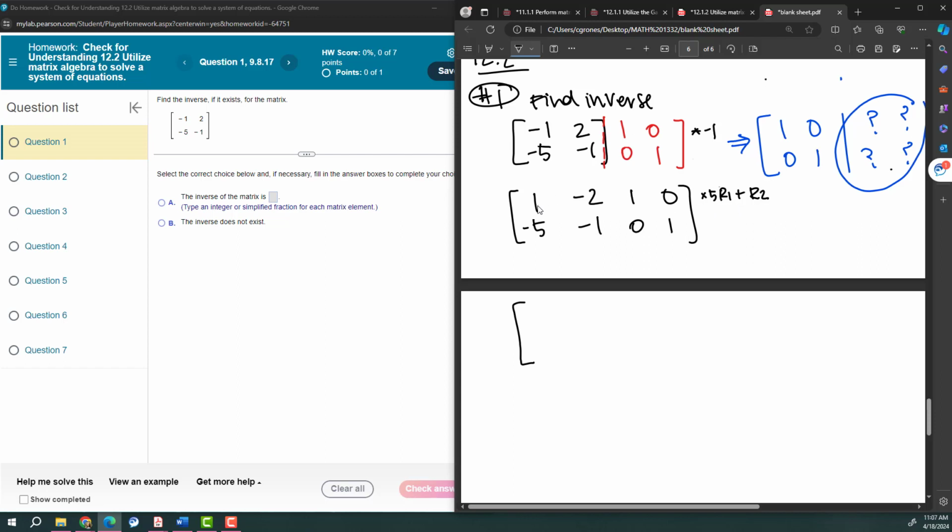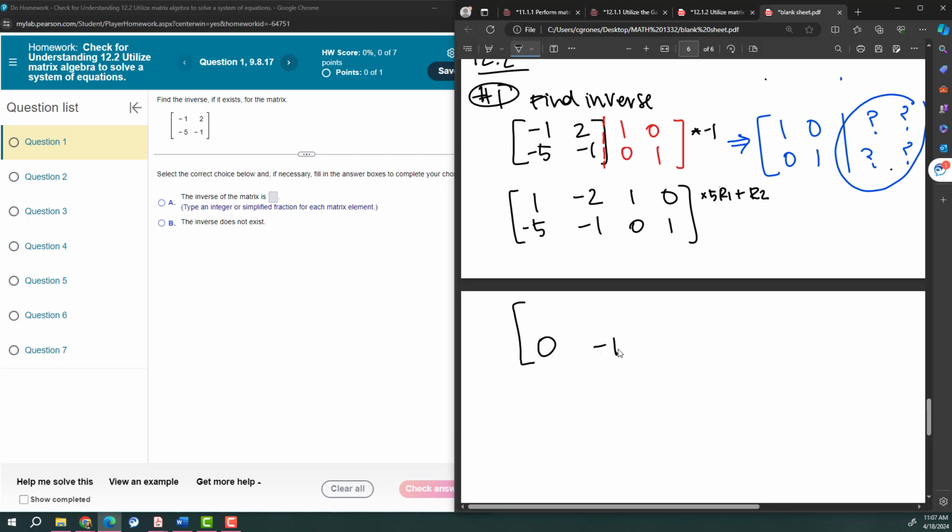So 5 times row 1 would be a 5 here. 5 and negative 5 would give us a 0. Negative 2 times 5 is negative 10.